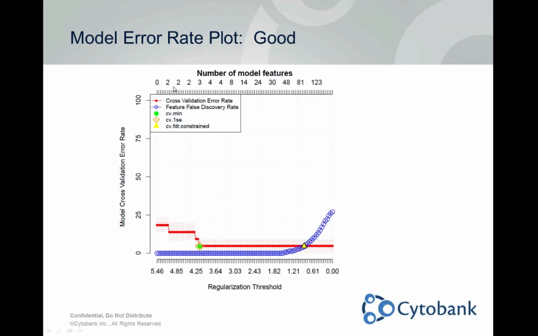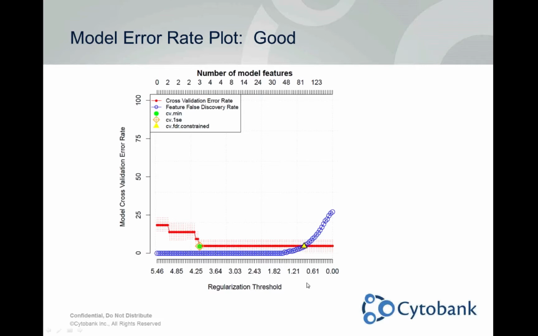The FDR constrained, this little icon here, represents all of the differences between your groups before this false discovery rate line rises above what you set your threshold to be. In this case, we set this threshold to be 5%. So when this blue line crosses 5%, that's where the FDR constrained gets placed.